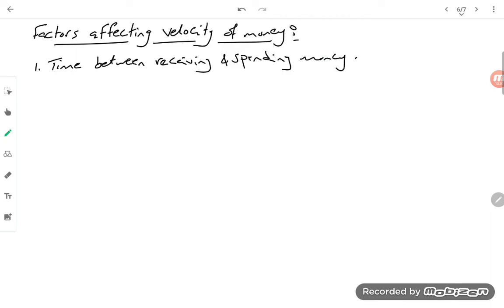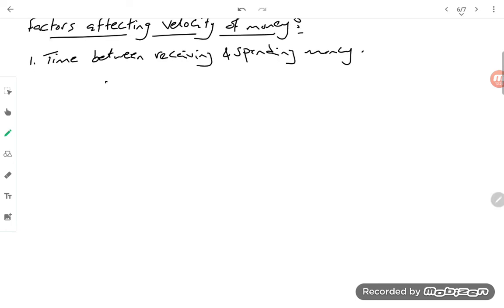The lower the time between receiving income and spending it, the higher the velocity of money.